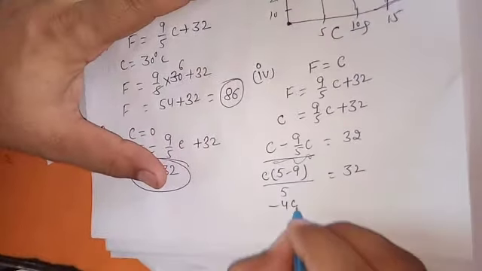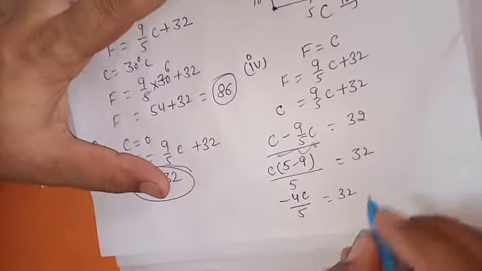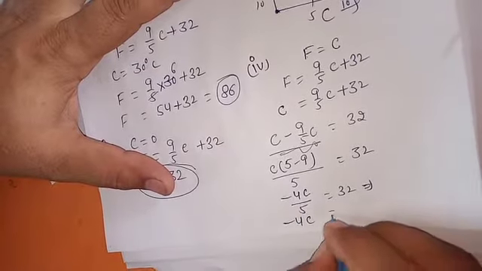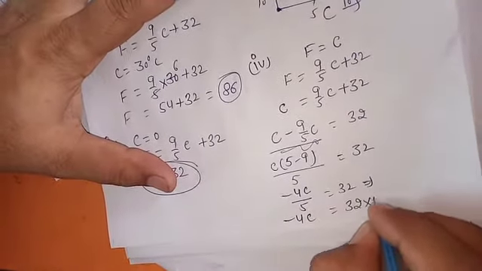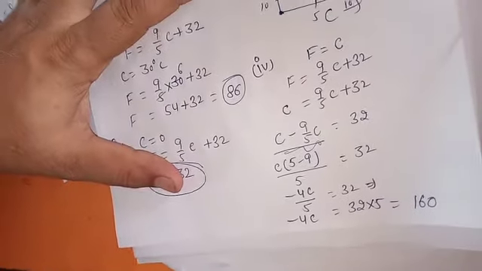So what's its meaning? Minus 4C by 5 equal to 32. So this implies minus 4C equal to 32 into 5 is equal to 160.